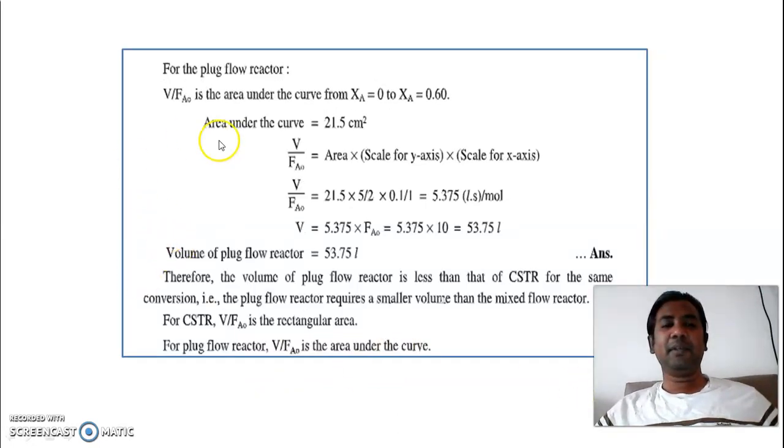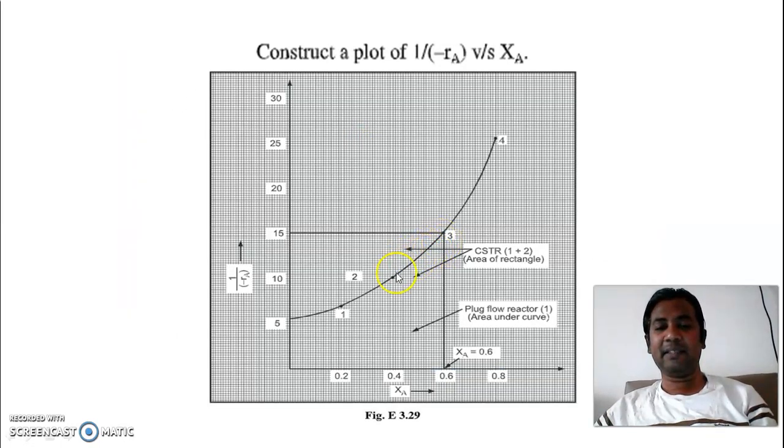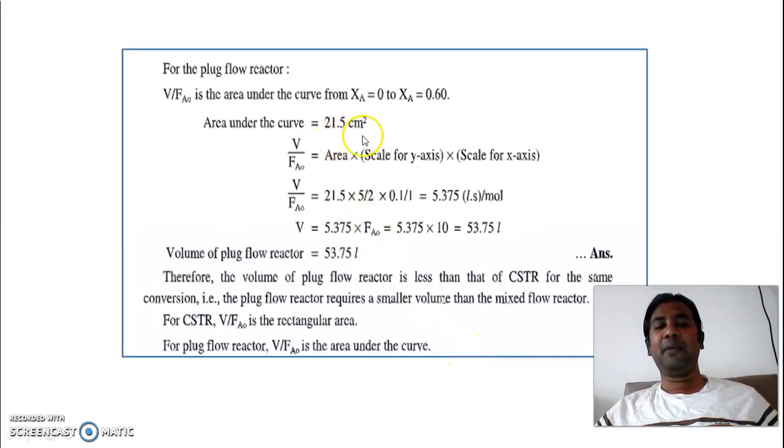Now in case of plug flow reactor, the area under the curve within 0 to 0.6 is 21.5. See this area. So this area we have got is 21.5.